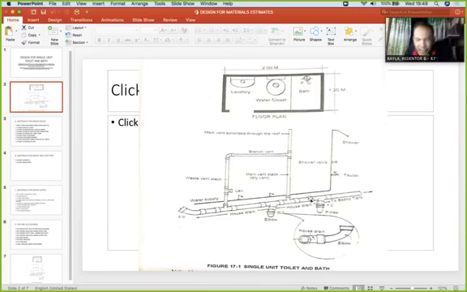So what is inside the single toilet and bath? You have the lavatory, you have the P trap, probably the P trap of the floor drain. You have the elbow going to the house drain. This is the connection. Another drain. Water closet, this one is the water closet. So you have the elbow going to the house drain. So this is your house drain, this long line. This is composed of the single unit toilet and bath.